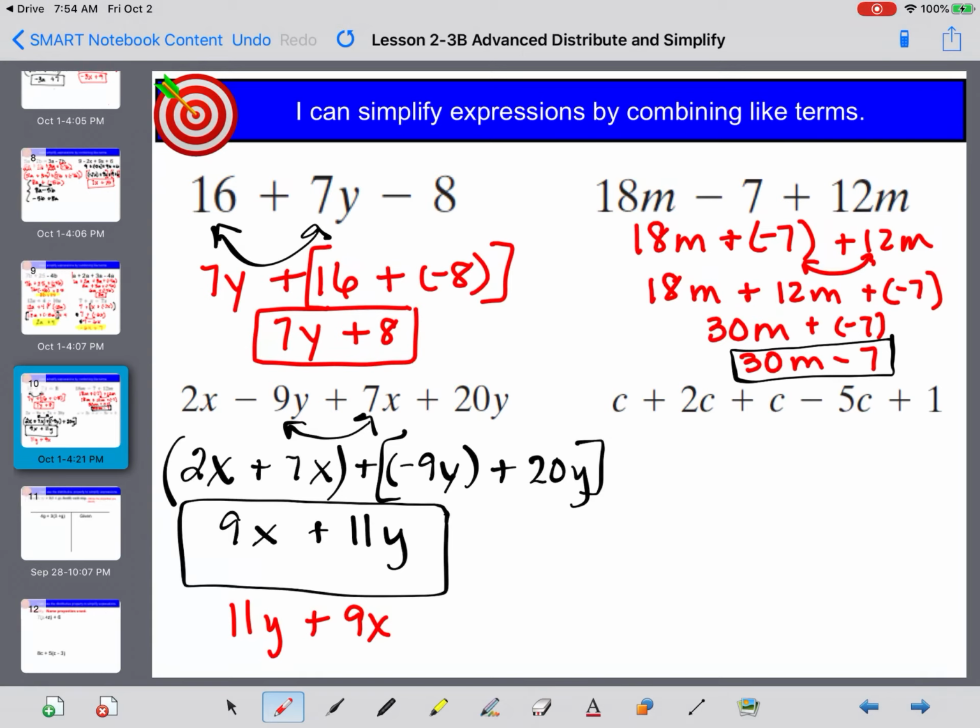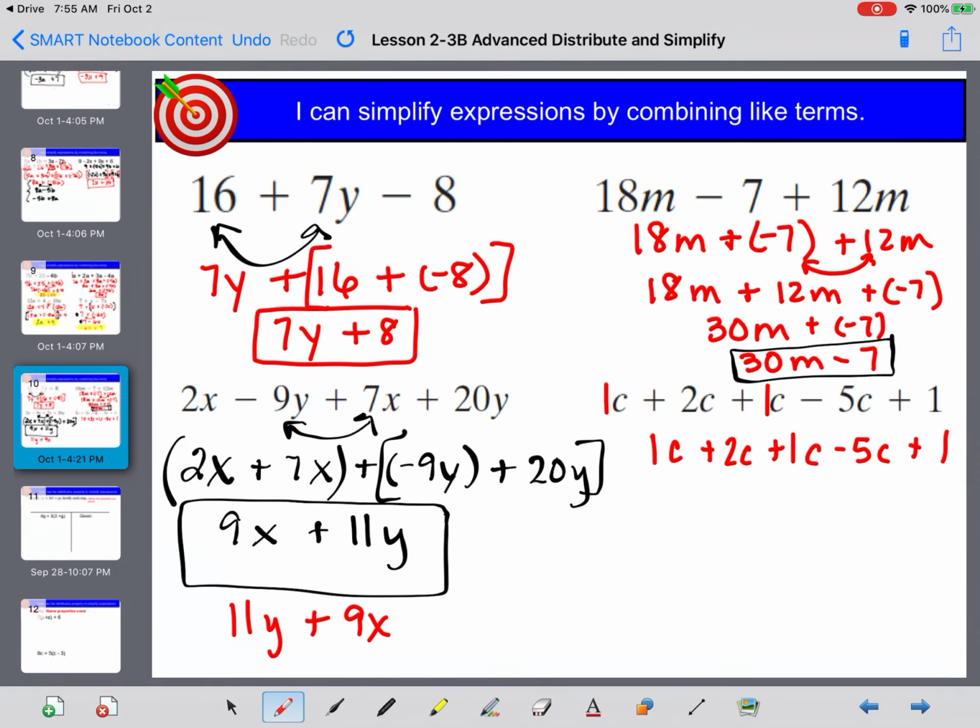All right, the next problem. This problem looks like all of my like terms are already together. I'm going to rewrite this as all addition, and I'm going to sneak these invisible ones in here. 1c plus 2c plus 1c minus 5c plus 1.